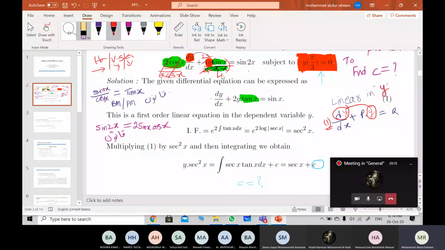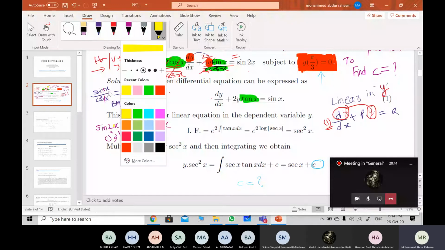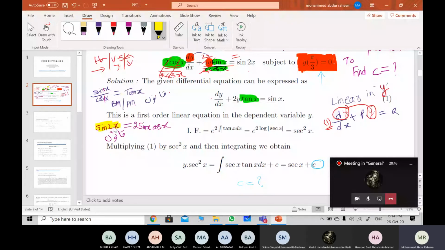The rule for sine 2x is this one. So I will copy here, 2 sine x cosine x, because this is sine 2x.